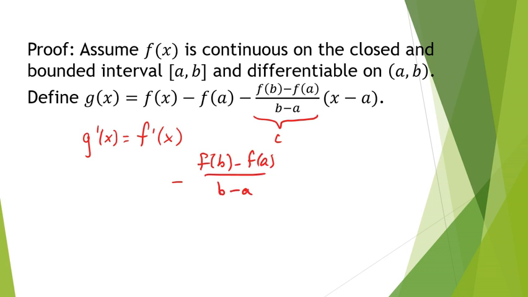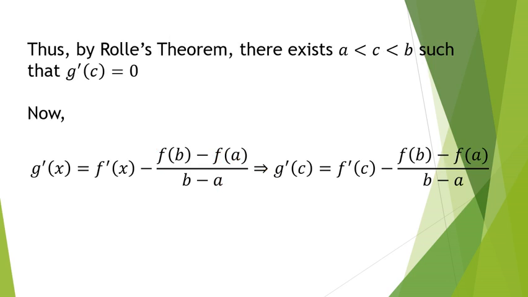So g prime of x is going to be f prime of x minus the quantity (f of b minus f of a) over (b minus a). And we see that when we plug c in, we get g prime of c is equal to f prime of c minus (f of b minus f of a) all over (b minus a).